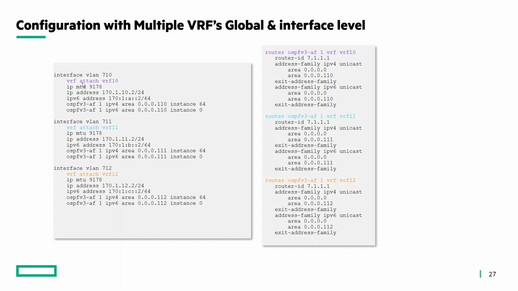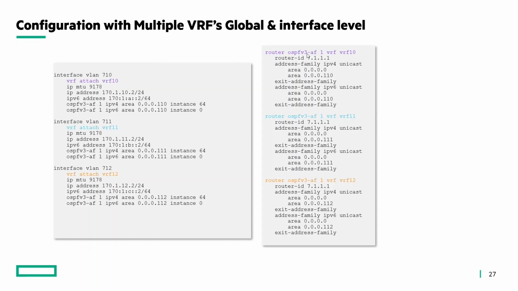So to your left, I have VRFs, that is VRF 10, 11 and 12 attached to VLAN 710, VLAN 711 and VLAN 712. I also have my respective IPv4, IPv6 and OSPFv3 address family context commands in place here.